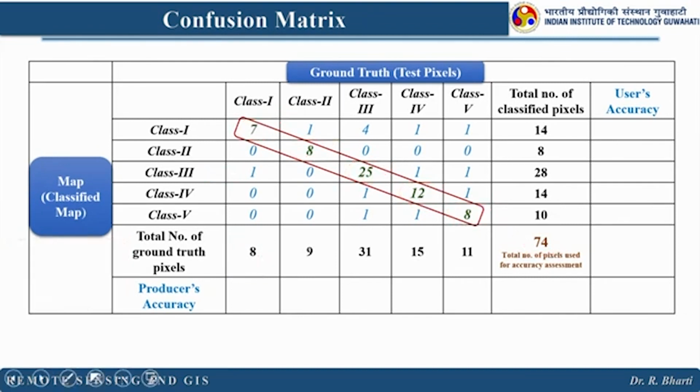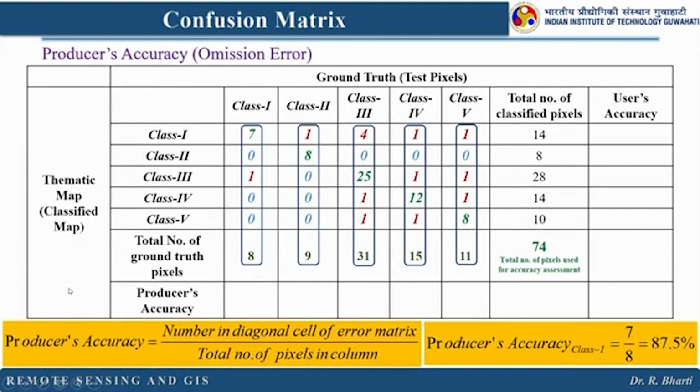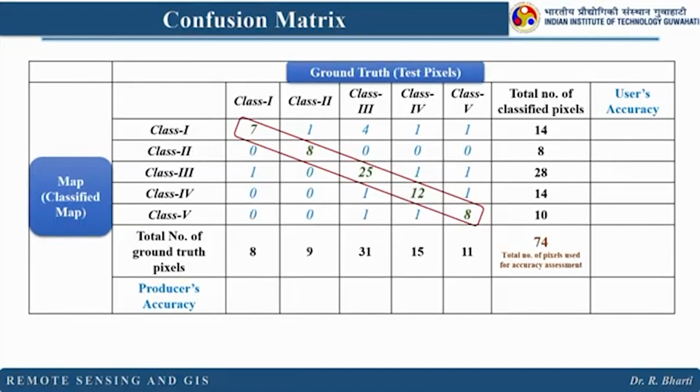Now, how will we evaluate? We will calculate the producer's accuracy. Here you need to remember that the rows are fixed for classified map information and the columns are fixed for ground truth information, right.